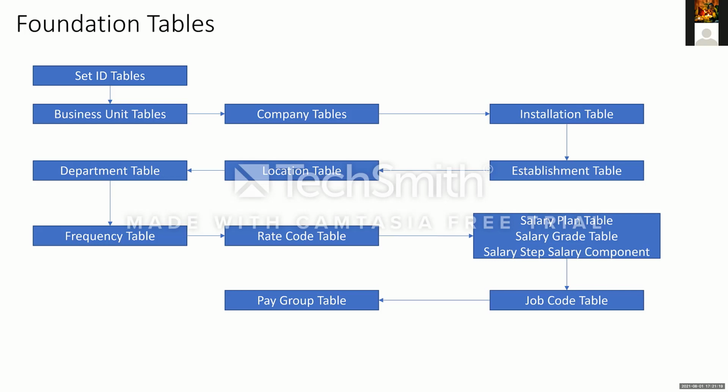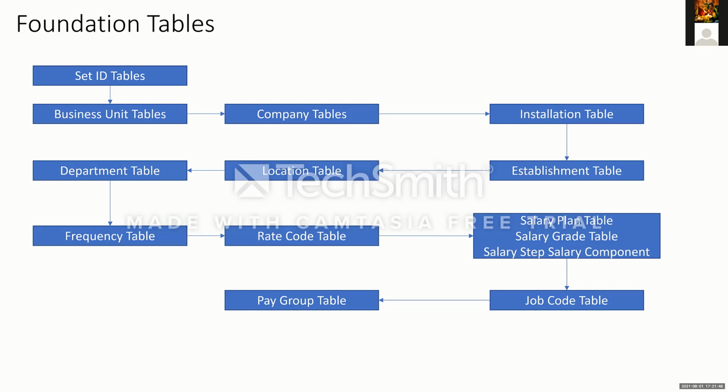Then comes company, because each business unit will have its own company, as it has its own revenue and product. If an organization has a product-based as well as a service-based section, both generate their own revenue, and that will be like a small company for themselves. Then there is an installation table, because they will refer to the installation table in PeopleSoft to get certain values.